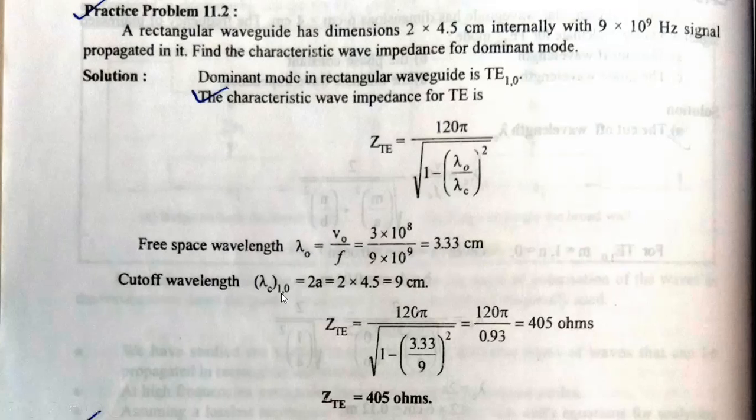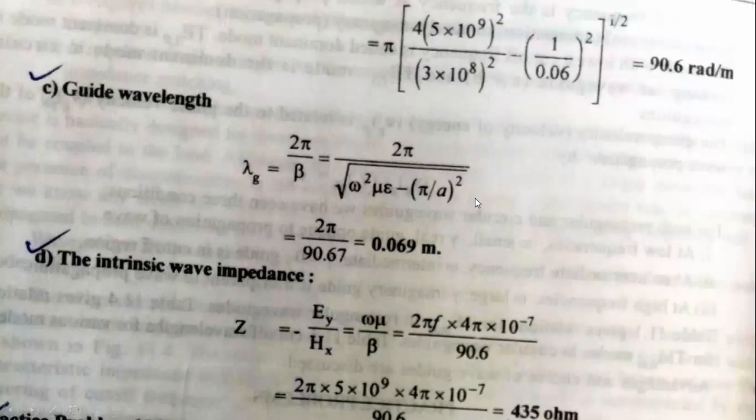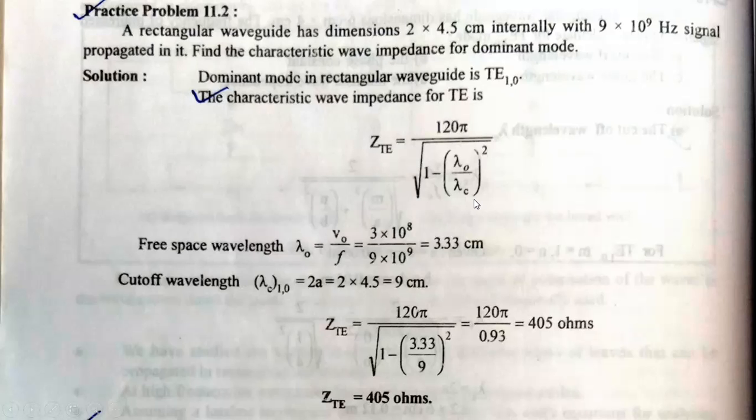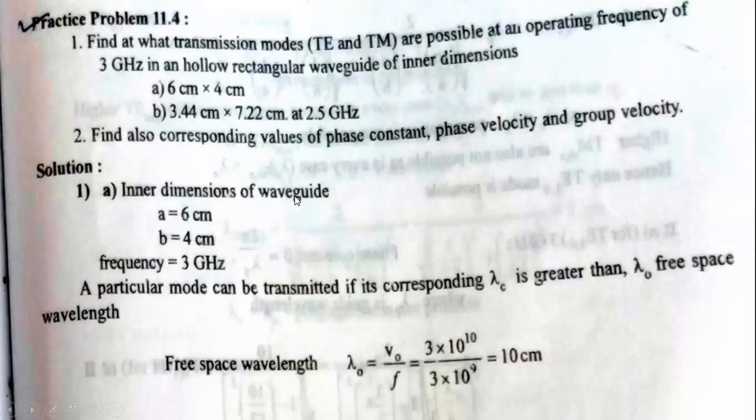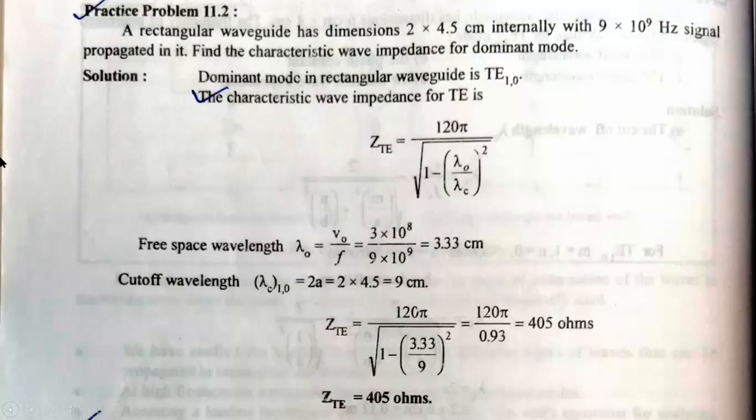Similarly, the cutoff wavelength, that is lambda c at mode 1 and 0. So lambda c is equal to 2 into a, so 2 into 4.5 as mentioned in the numerical. The frequency is also given, no doubt at all. If not given, take the other value here. What they gave is 9 gigahertz, 9 into 10 to the power 9.